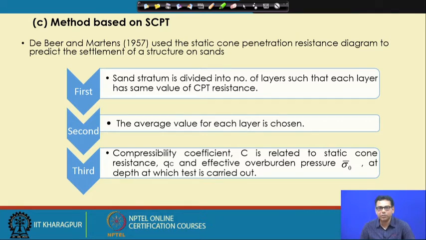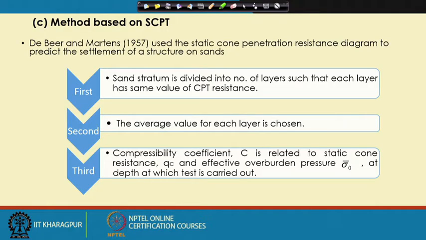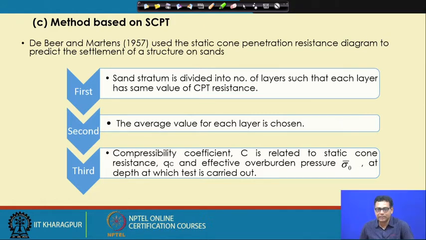Here what we have to do is divide the total soil below the foundation into a number of layers, such that the cone resistance of the SCPT is more or less the same in each layer. Then we calculate the compressibility coefficient C at the middle of each layer, along with the cone resistance and the effective overburden pressure.